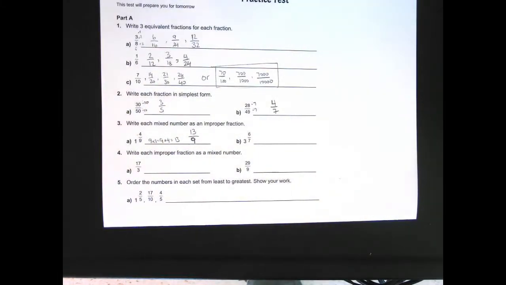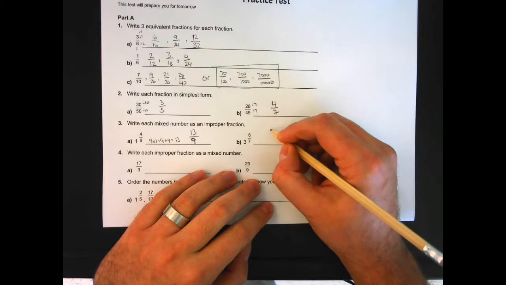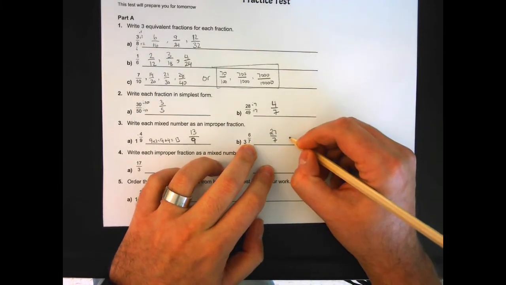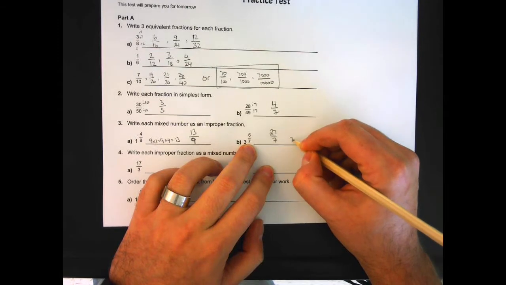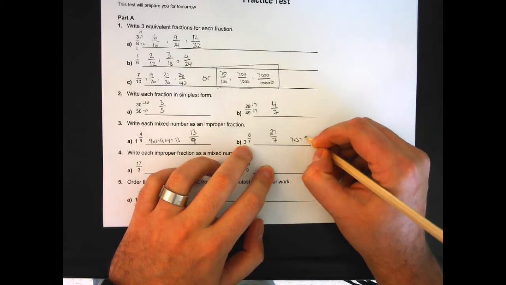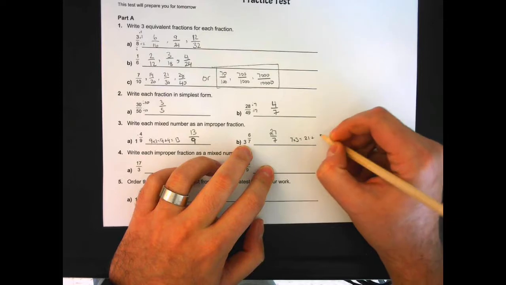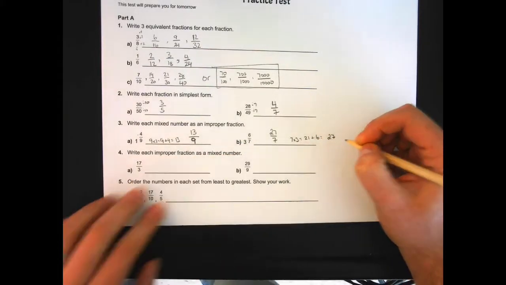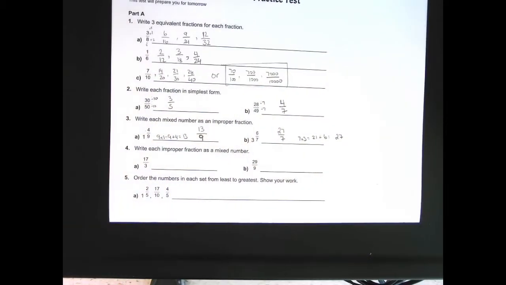What will be the improper fraction for 3 and 6/7? 27 over 7. Because you take 7 times 3 equals 21 plus 6, which equals 27.